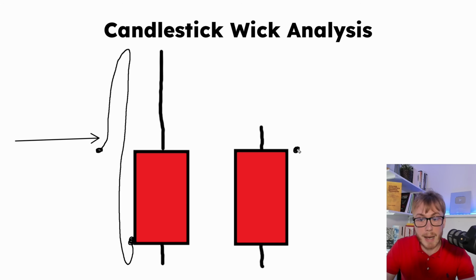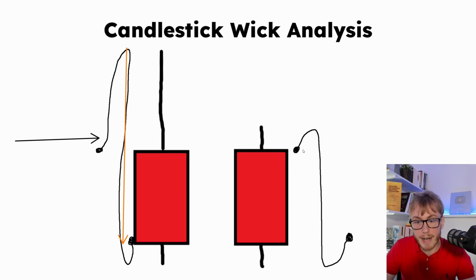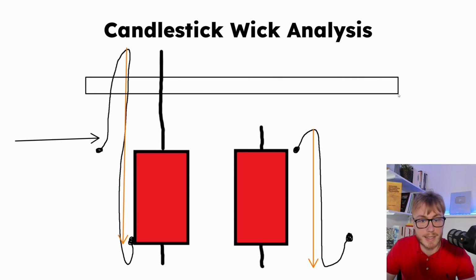This is still a bearish movement, but the price moved something like this, right? And you can see that this movement right here is much more bearish compared to this movement right here. And once again, this becomes even more important if we, for example, have a resistance area right here, because in this case, the candle to the left confirms that the resistance is holding.